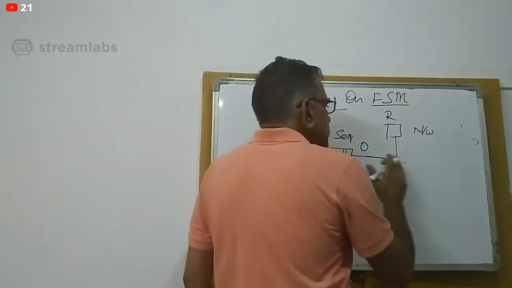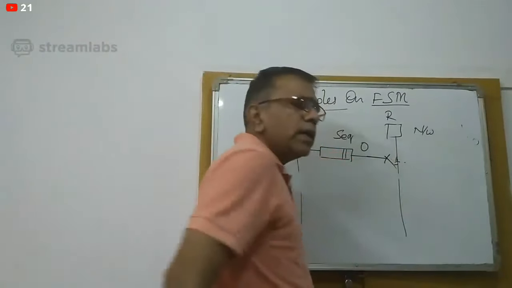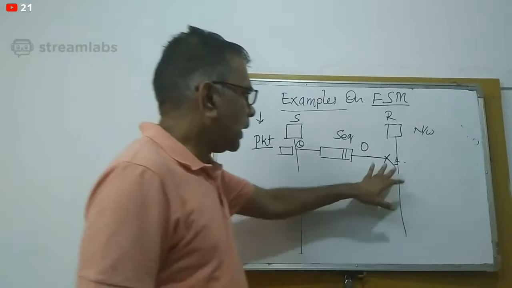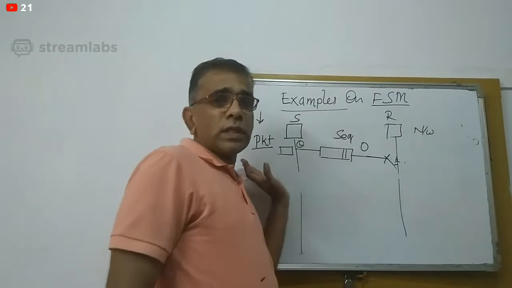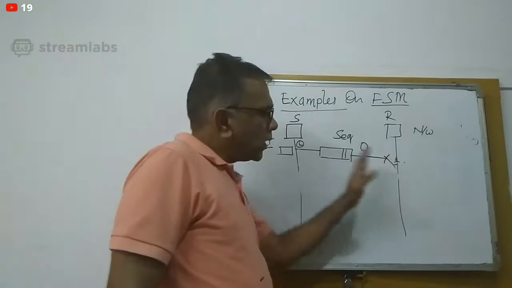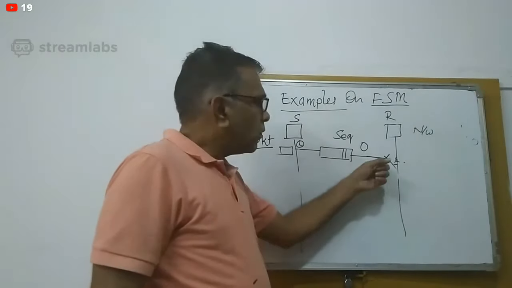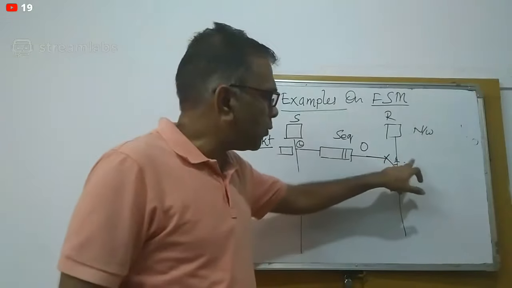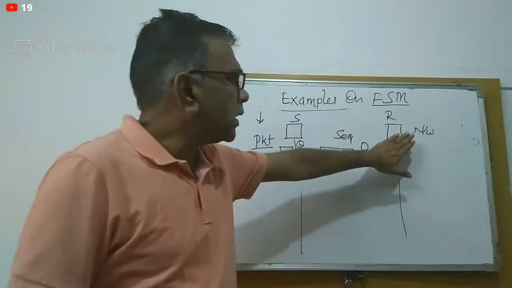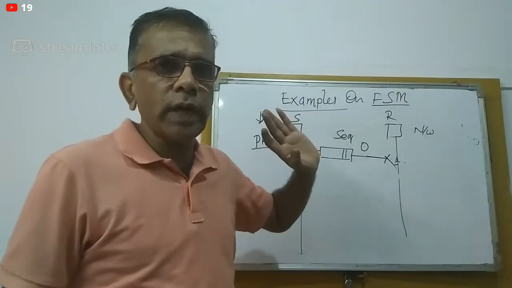Simply it discards the frame which comes with errors. Fine. And it will not send any acknowledgement to the sender. Clear? It is not sending any acknowledgement for the received frame, because if the frame received contains errors, it discards it and keeps quiet.